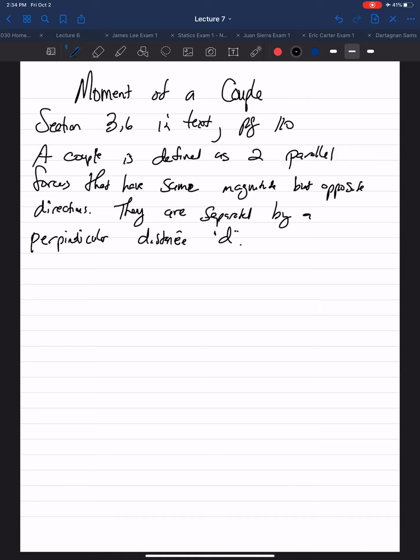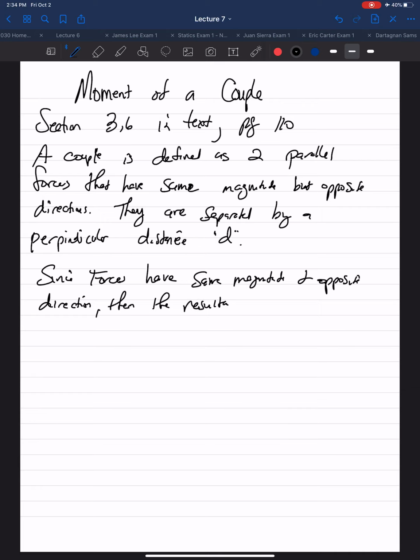Since these forces have the same magnitude and opposite direction, then the resultant force is 0.